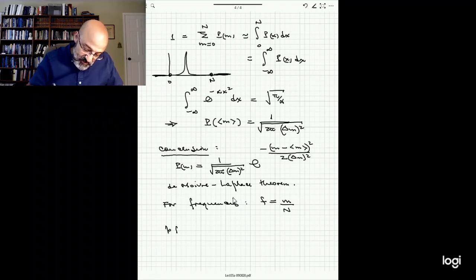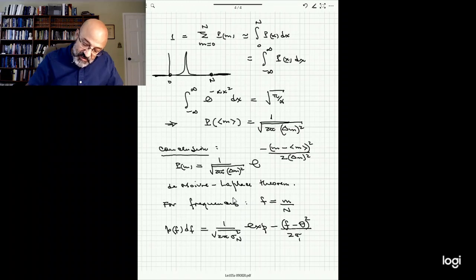The probability distribution for the frequency is going to be 1 over the square root of 2 pi times the appropriate variance, times the exponential of minus the frequency minus the expected value of the frequency, which is theta, squared, divided by twice the variance of the frequency, where this sigma squared is going to be theta times 1 minus theta divided by n.